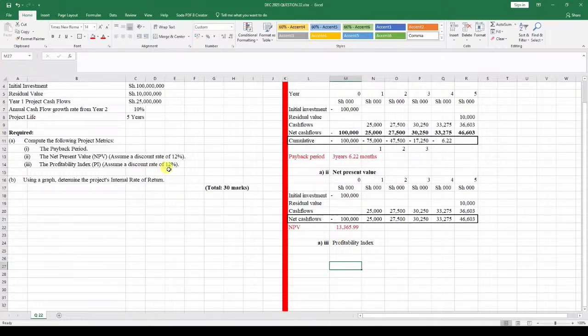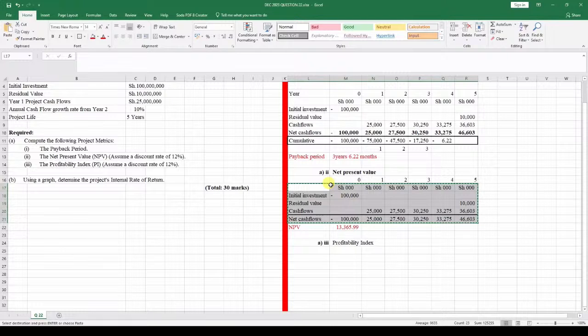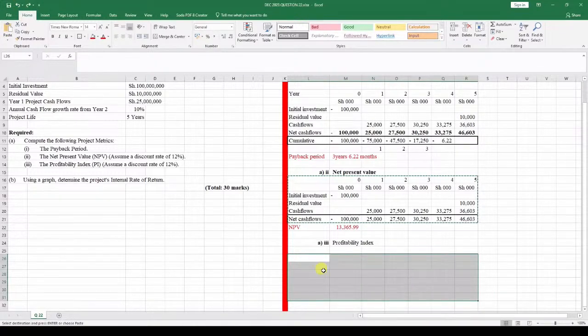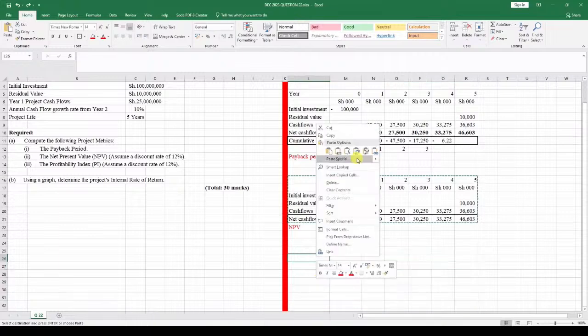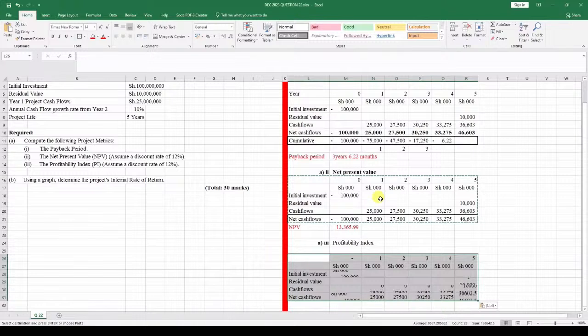So what we do is go ahead and use the similar values right over here. Copy. We come right here, or rather I should have copied from here, sorry. Copy, and you put it right just down here. Paste special, formulas and all. Oh, it's refusing, so we look for an alternative way.